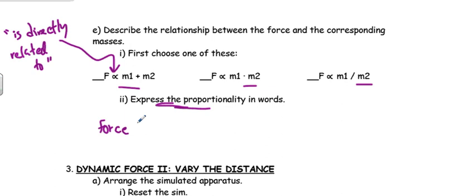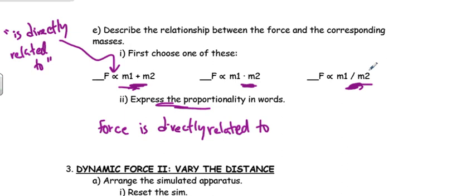You'll check off which one you think it is, then say force is directly related to, is it the sum of the masses, the product of the masses, or the quotient of the masses? Okay, so you have to figure out which one is it. All right, so that is the setup for that.